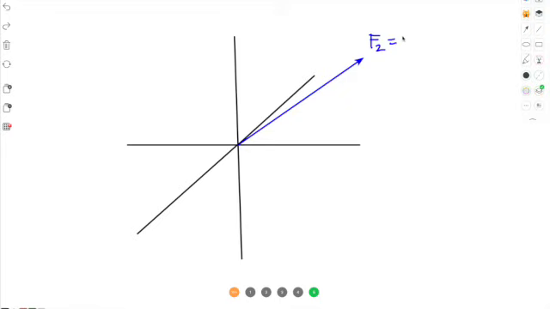So F2, which we found out has a magnitude of 700 newtons, and our direction angles. For the x direction, the angle that this vector makes with the x direction is 107.64 degrees. The angle that this makes with the y direction is 21.79. And the angle it makes with the z is 77.63.